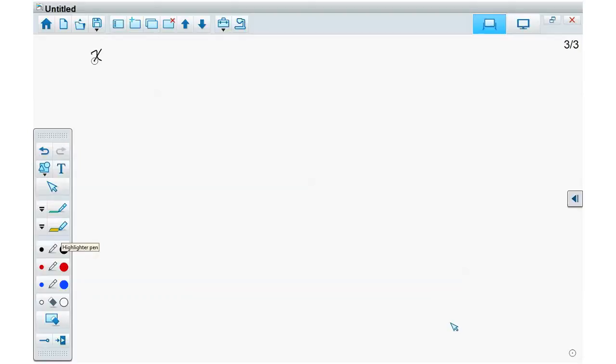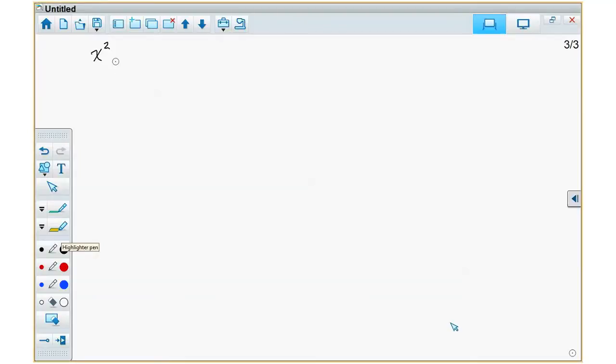X squared minus 5x minus 4 is equal to 0. Give y'all 5 minutes. 5 or 10 minutes. So we've got 2 number 1s and this is 2 number 2s. So that means we're heading to number 3 now.